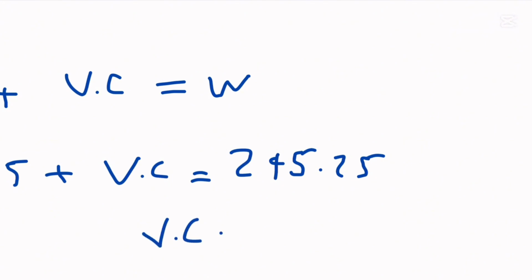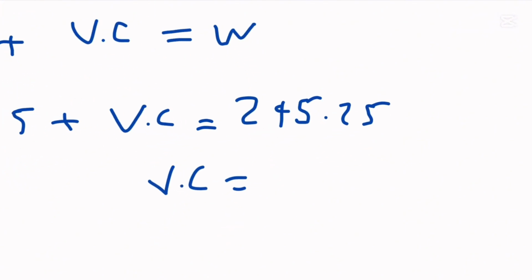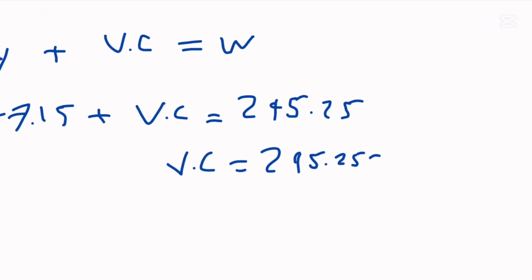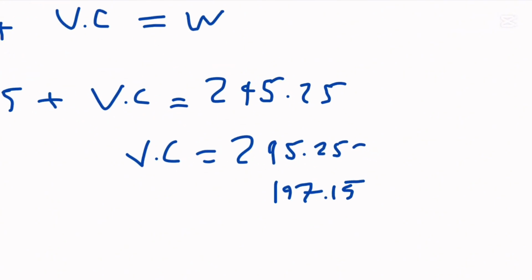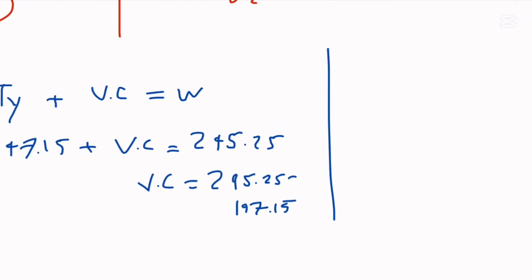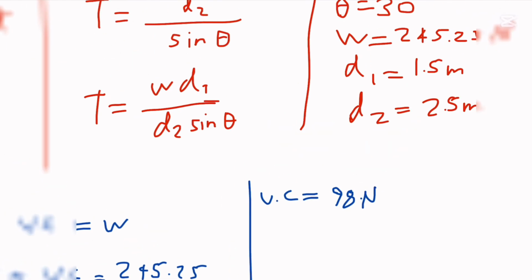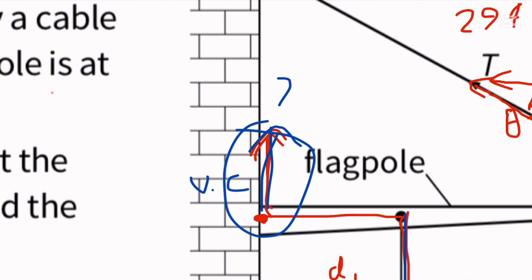Okay, and then we can find the vertical component by just subtracting these two values. 245.25 minus 147.15. About 98 newtons of force. So this is gonna be 98 newtons.